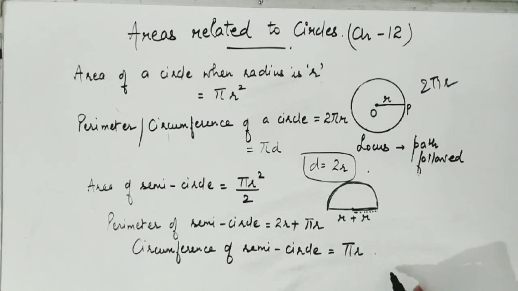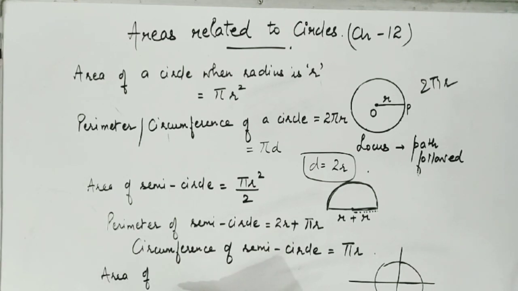Another word you would find, that is a quadrant. A circle divided into 4 parts. These parts are quadrants. Quadrant is 1/4 of a circle. So how do you find area of a quadrant?